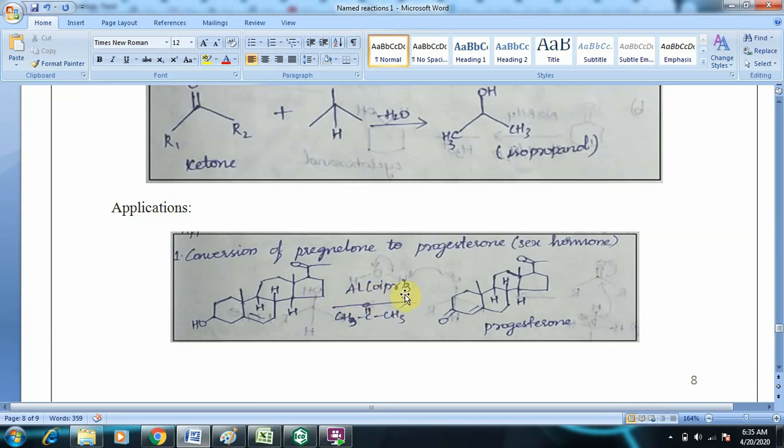For that we are taking the reagents acetone and aluminium isopropoxide. So this OH moiety, the secondary alcohol, will be converted to ketone. The remaining everything will be the same. So this is the conversion of pregnenolone to progesterone.